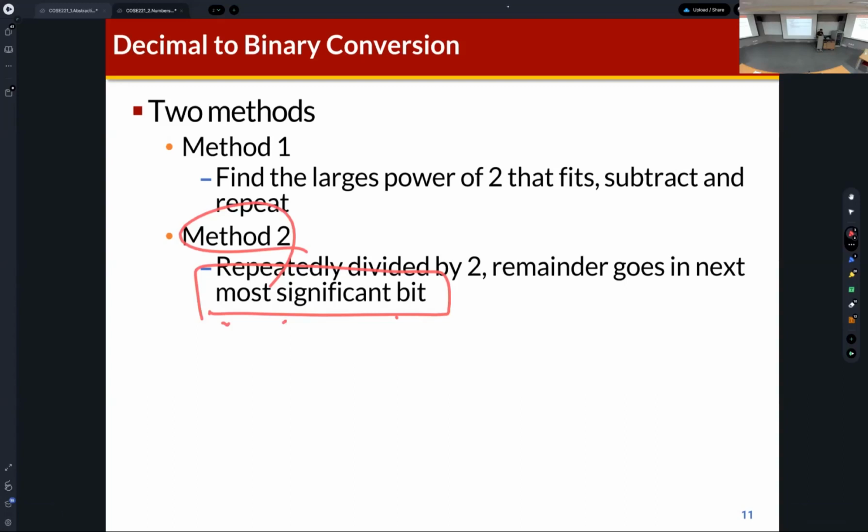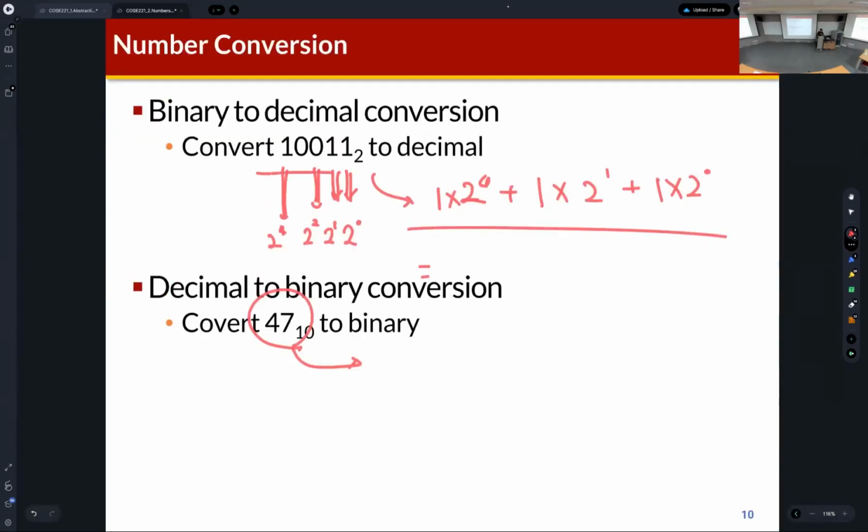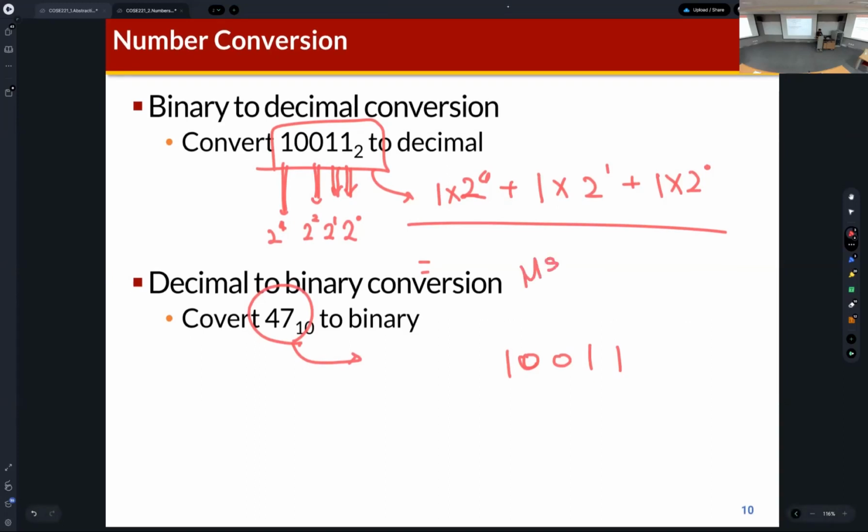So this is a binary number: 100011. Then what is the most significant bit? It's called the MSB, the most significant bit.